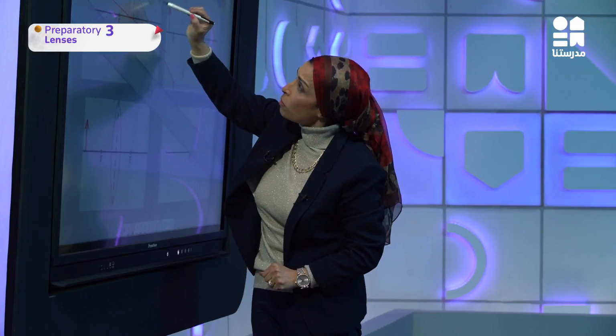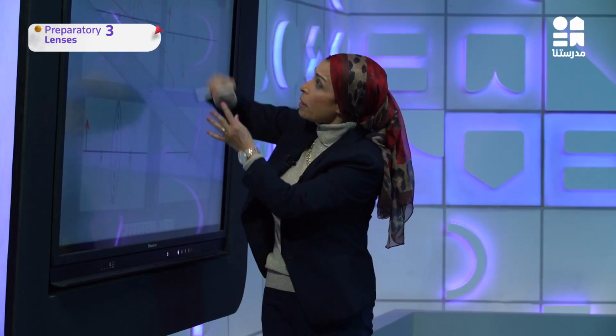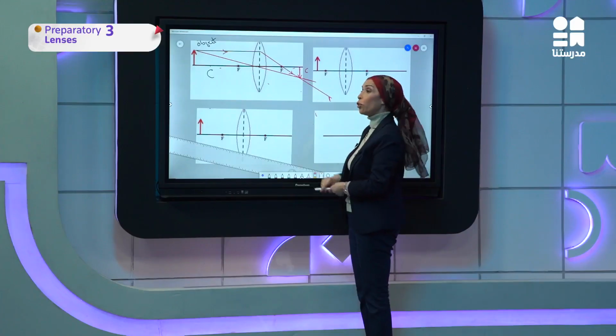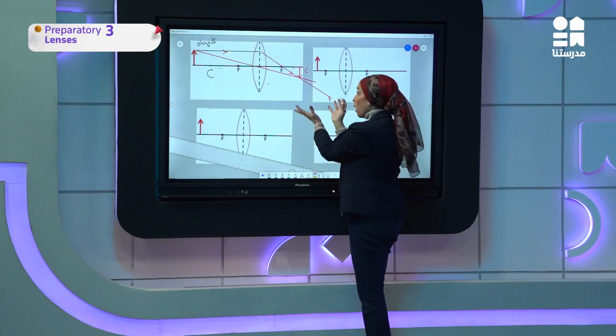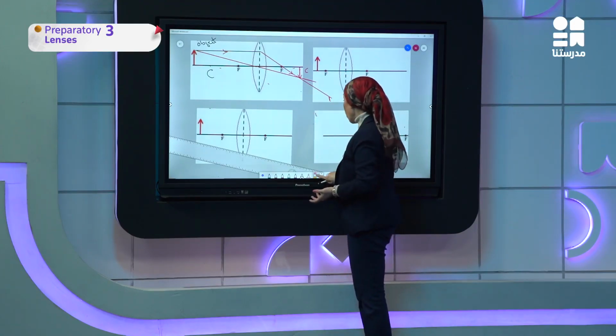So if I see my image here, can you tell me what is the location of the image? The position? It's between the focus and the center of curvature. Actually, I got it from the drawing. I didn't memorize it.